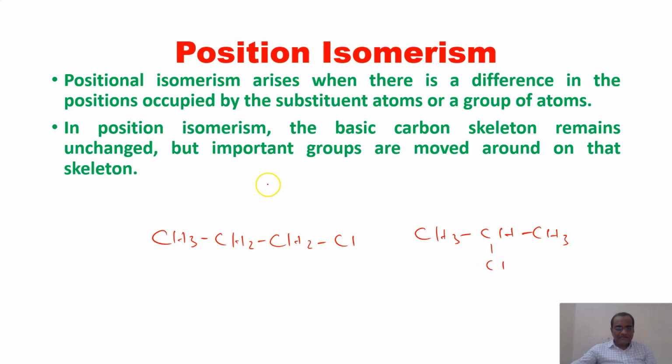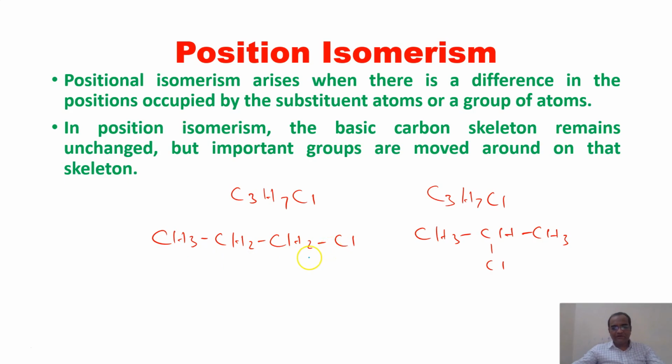Now in this class, see the number of carbons is again similar. The number of hydrogens is 7, and again there is a chlorine, so in this case also it is C3H7Cl. Now the difference between these two molecules does not refer to the carbon chain, right?